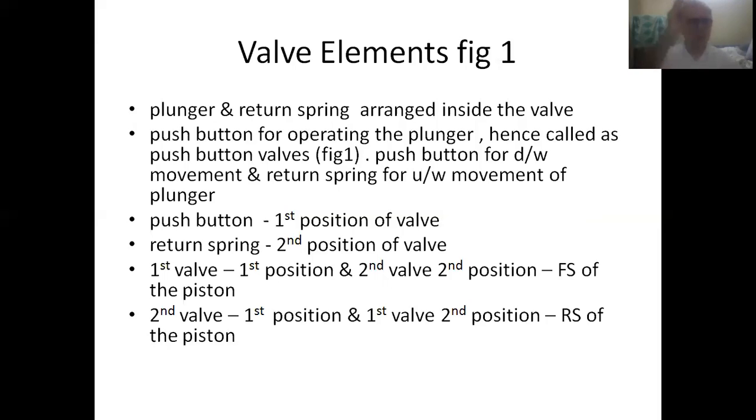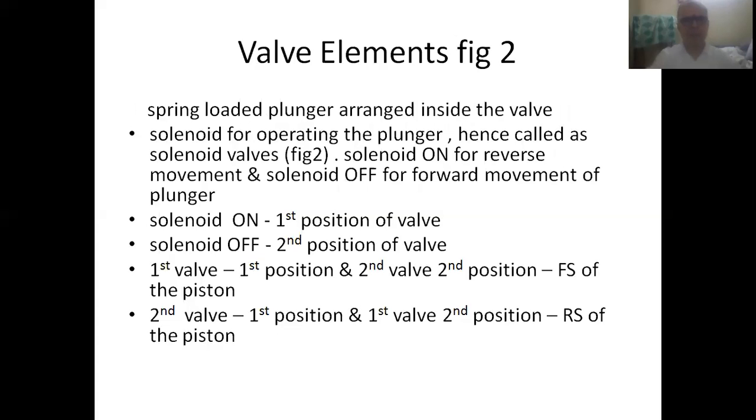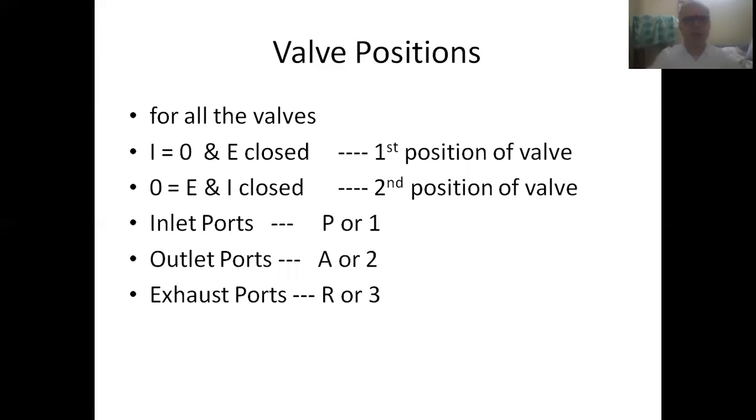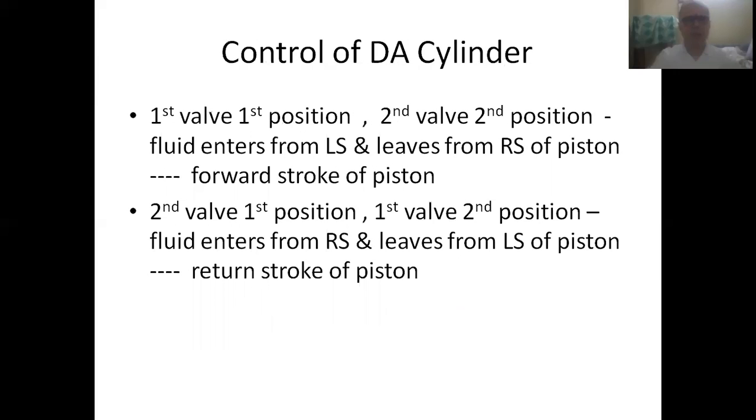So for the forward stroke of the piston, the first valve will be in first position, the second valve will be in second position, and for the second operation, the first valve will be in second position, and the second valve will be in first position. So these are the arrangements to be made so far as operation is concerned. Similarly, all this information is given pertaining to the first and second figures.